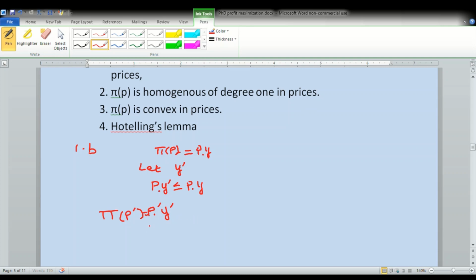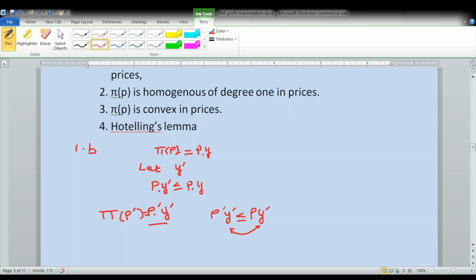Given this statement, now I want to write another one, and it is that P dash y dash actually has to be less than or equal to P y dash, and we need to reason why this is so. The netput vectors are the same on both sides. The price vectors on the two sides are different in input dimensions.